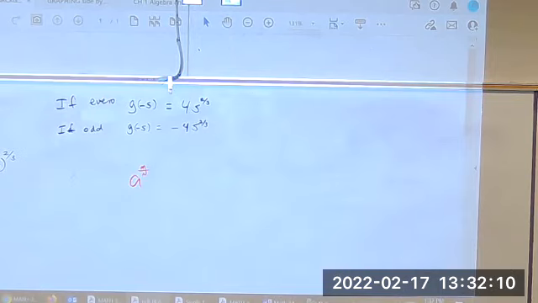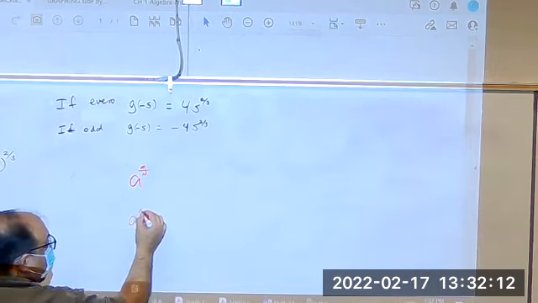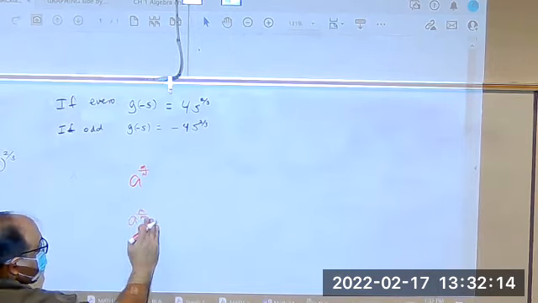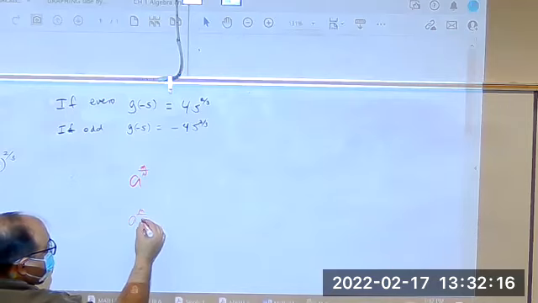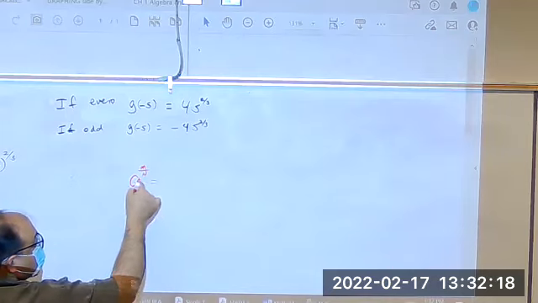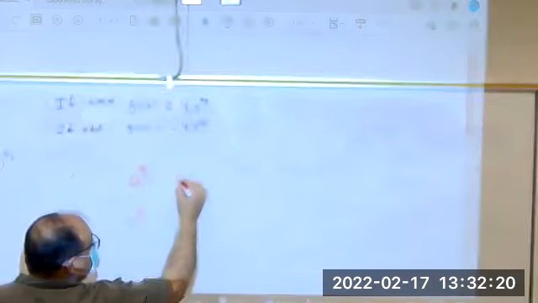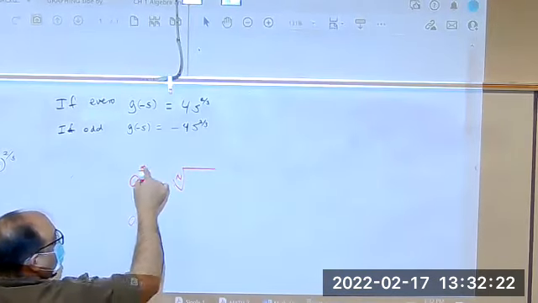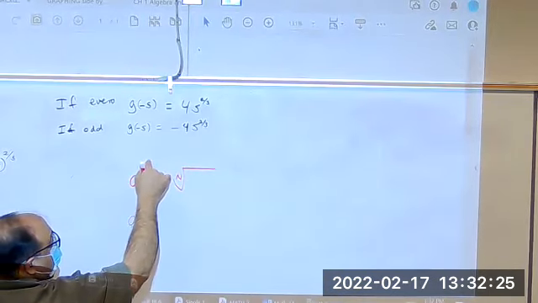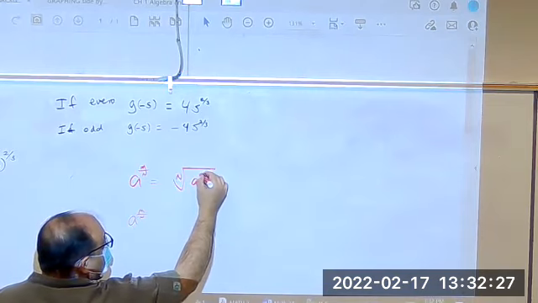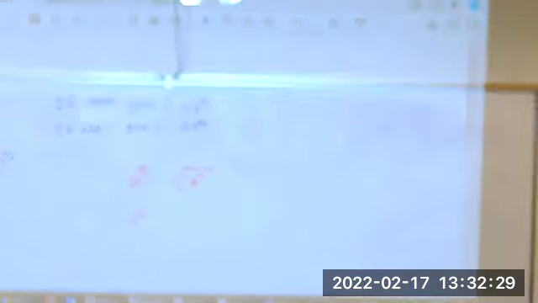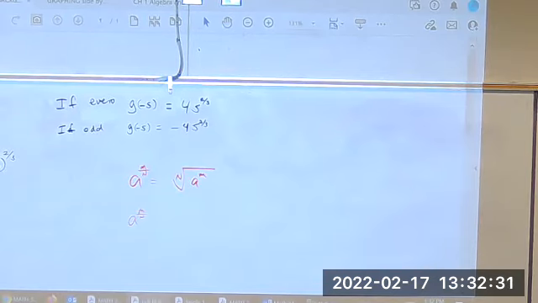You can rewrite this one of 2 different ways. The denominator is your radical. It's the root. So this is the nth root of a to the m power. And you can do that m power inside the radical if you want to.